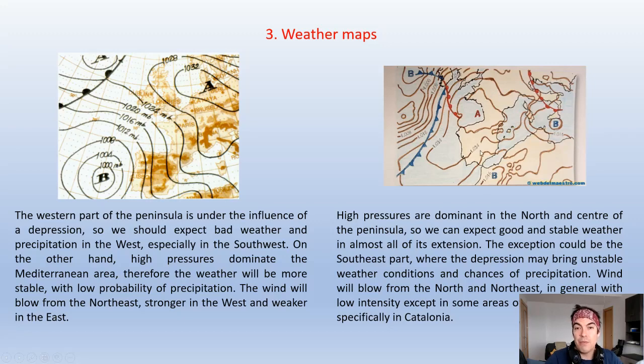And the intensity will be low, the force of the wind will be weak, because the isobars are not very close to each other, except for this little area here in Catalonia, in which the wind may blow a bit stronger, okay? So that's it for the weather maps.